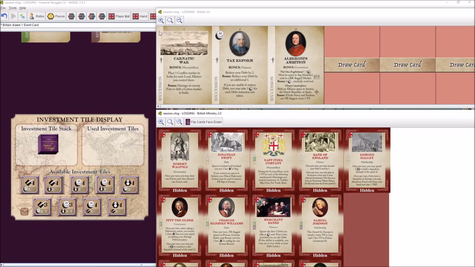One more thing regarding the events. If the event doesn't have any symbol, it can be played via any investment tile allowing for an event. And in order to be able to play an event, the investment tile should have this cross. We have actually only 2 events playable this turn, on this and this tile.